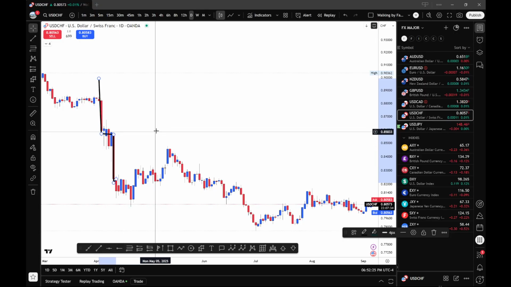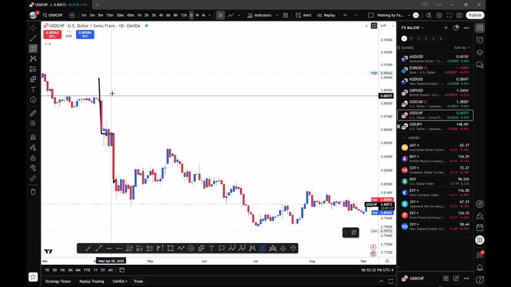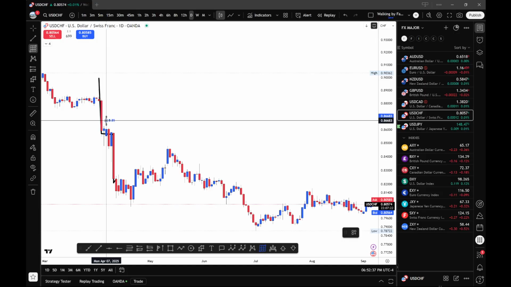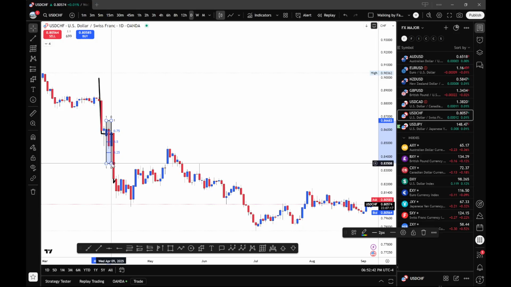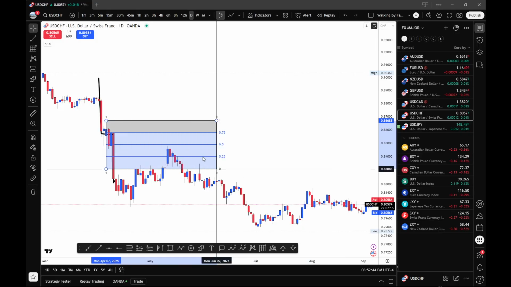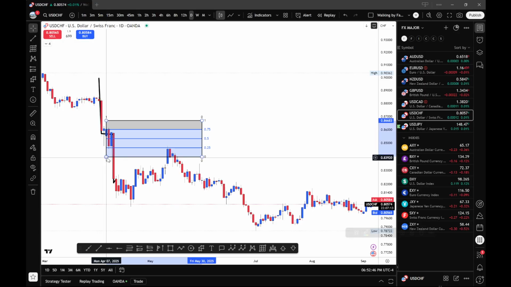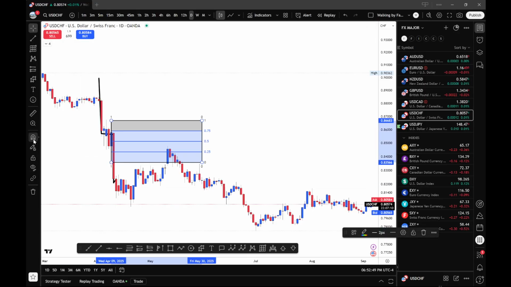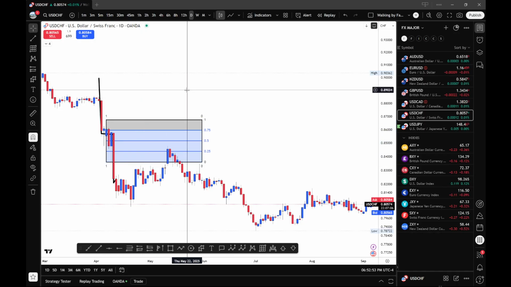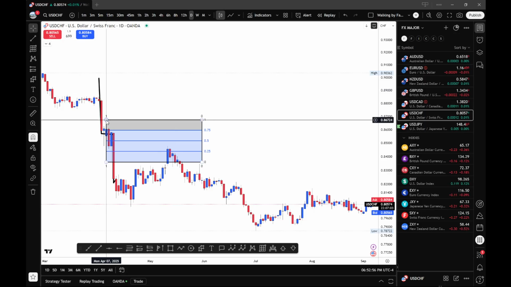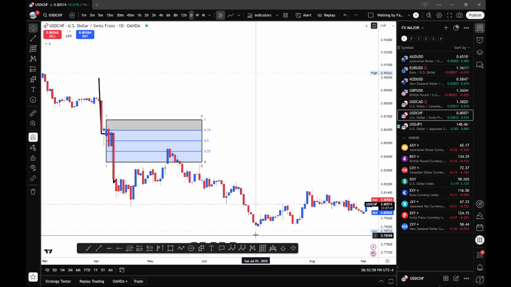This could be a valid drop-base-drop, and this I would have taken. I would have used my Fibonacci tool, marked the base right here to the wick, extended it, and there we go. I would have used this wick and this wick, and that would have been my zone.